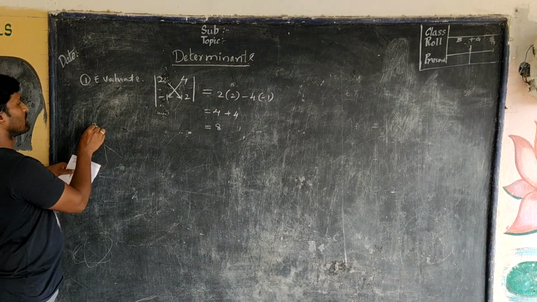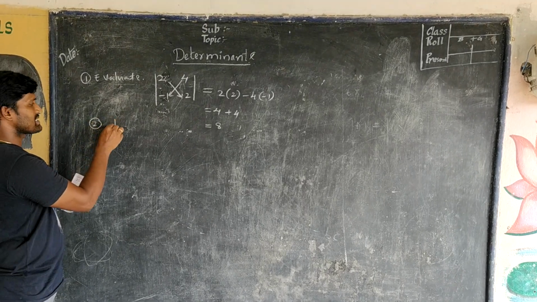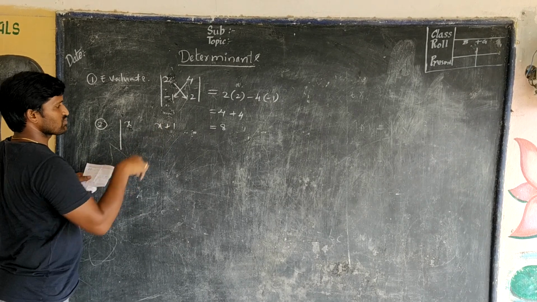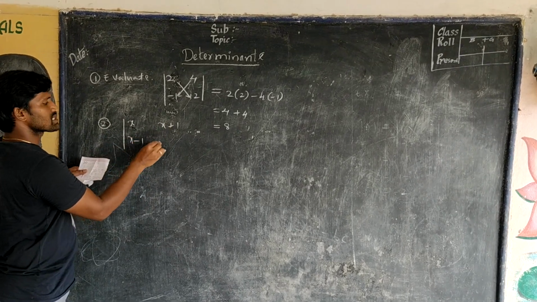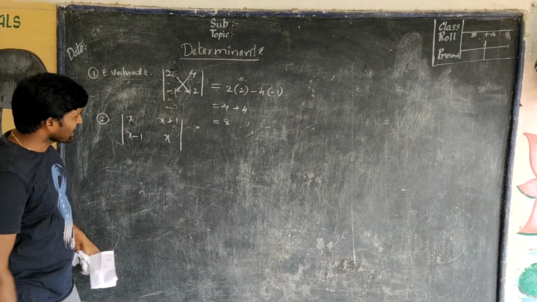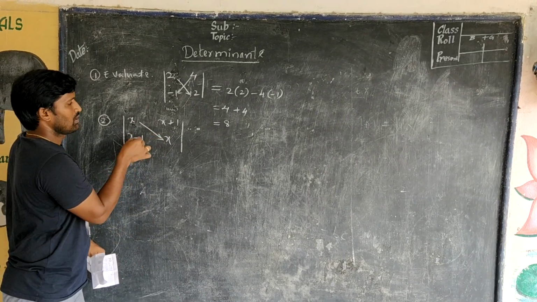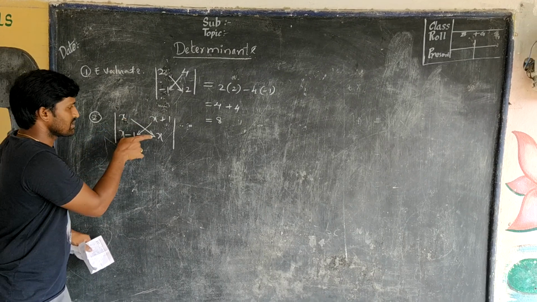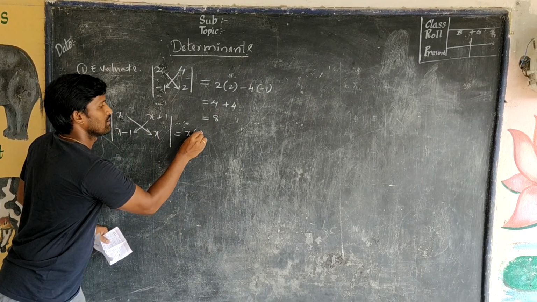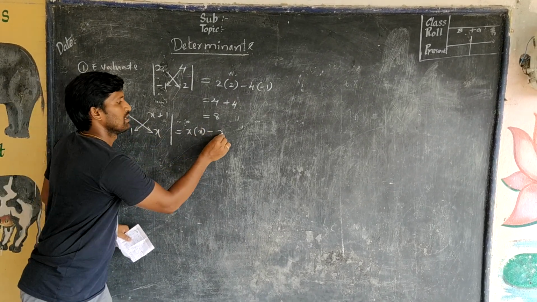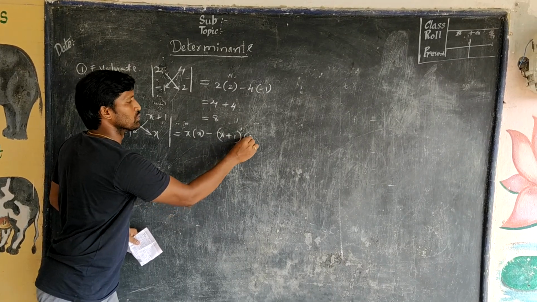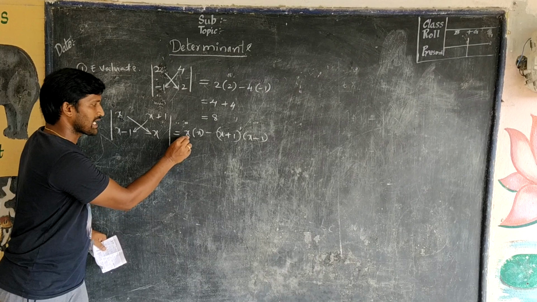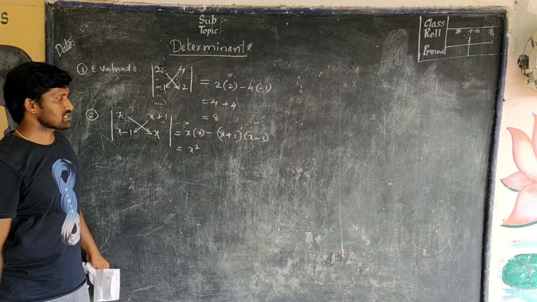Now come to another problem, a 2 by 2 matrix. Evaluate delta of x, x plus 1, x minus 1, x. Same concept for 2 by 2. Evaluating the determinant: x into x minus x plus 1 into x minus 1. Now clearly x into x, what will we get? x square.